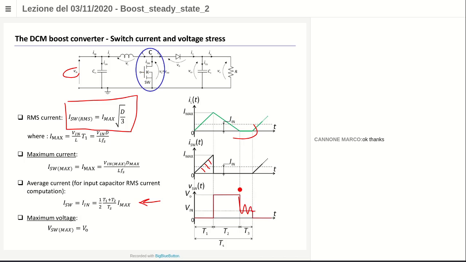This is quite visible by putting a scope across this node here, and people will do it in the laboratory on Friday. If they didn't see it yet, they can see it in the next lab, which is Friday. There is another lab, and this is the continuation of the buck activity. So book your seat from this Friday. I think that even next week there will be a lab.